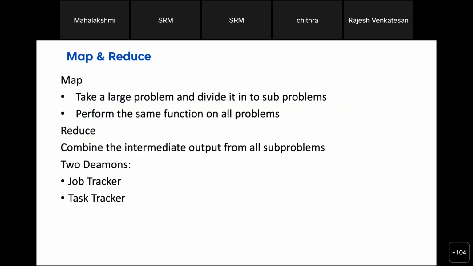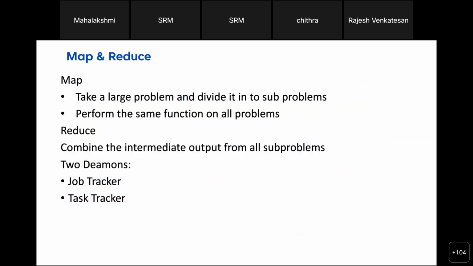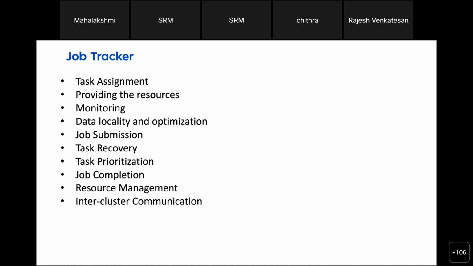That is, it divides the large problem into subproblems, performs the same function on each and every one, and combines the intermediate outputs. Here we are using two daemons, the job tracker and the task tracker. As we saw the data node and name node in HDFS, here the job tracker and task tracker are used. The job tracker is our master node and the task tracker is our employee.